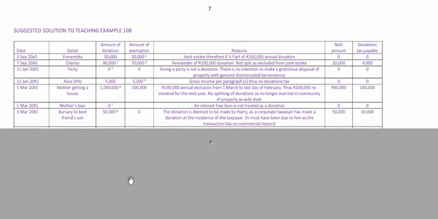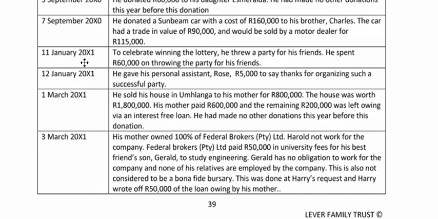It is a gratuitous disposal, and it's done with genuine benevolence because there's no obligation to work back. So there's 50,000, okay? It's deemed to be made by Harry because he got a company to make a donation on his behalf. There's donations of 50 and net donations tax of 10,000 that is going to have to be paid. Moving on.